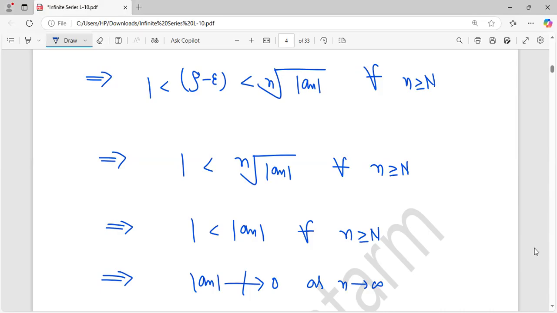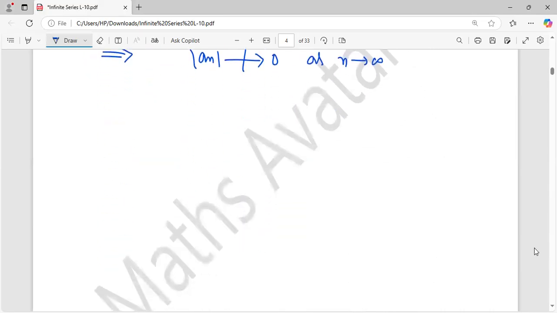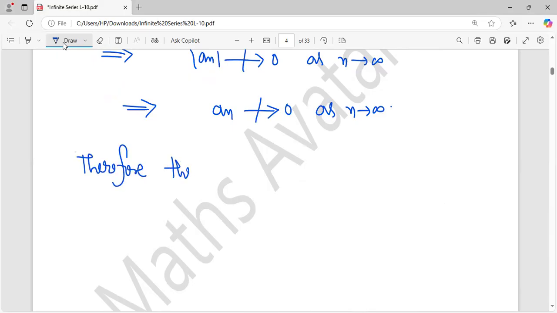This implies a n does not tend to 0 as n tends to infinity. Therefore, the series summation n goes from 1 to infinity of a n diverges.